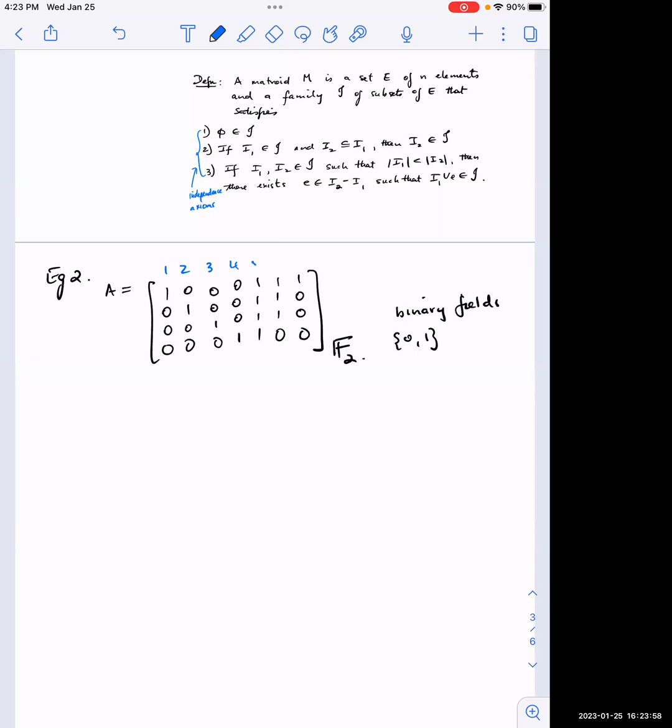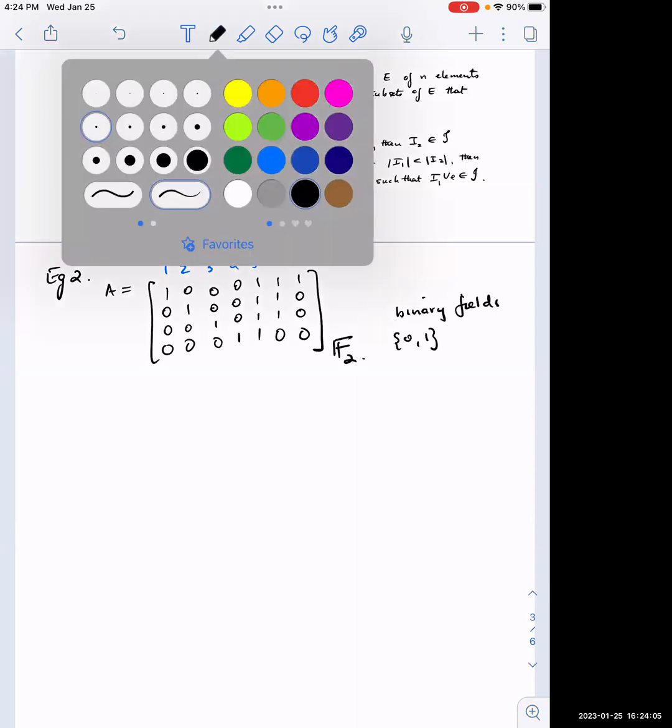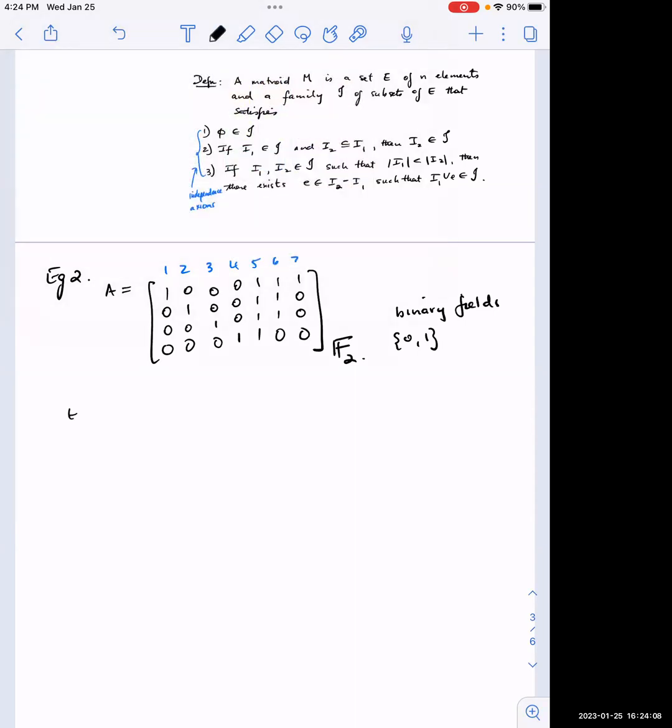So what we'll do is we'll label the columns, right? So we're labeling the columns, and the ground set here, the set E in our definition, will be 1, 2, 3, 4, 5, 6, and 7, right? And the columns of this matrix come from a vector space of dimension 4, right, over F2, though, not over the reals.